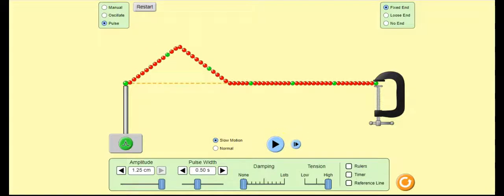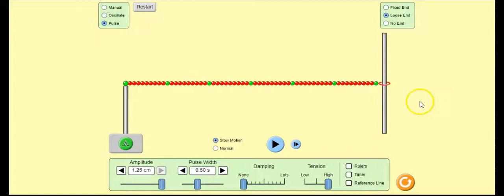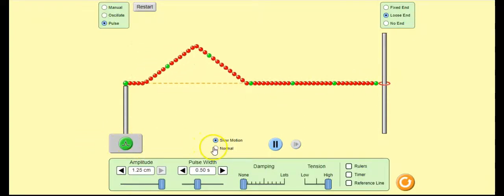All right, let's take a look at another kind of reflection. I've changed the endpoint of this beaded string so that it has a hoop around this bar, and that's called a loose end or free end. So the first time was a fixed point reflection. This is a free end reflection. Watch the difference. So here it goes.